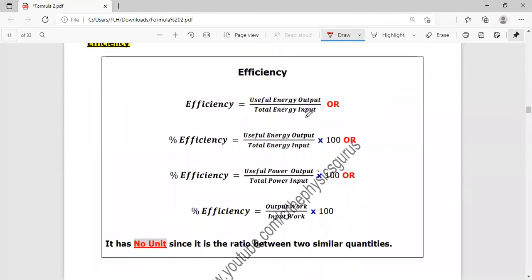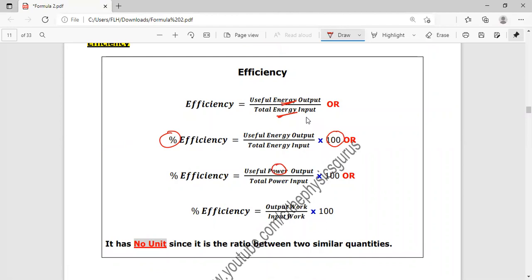Then efficiency. There are multiple formulae of efficiency. Efficiency is equal to useful energy output over total energy input, if energy is being given. And if we want to calculate the percentage efficiency, then we have to multiply the right side with 100. Then if power is given, then useful output power over total power input.